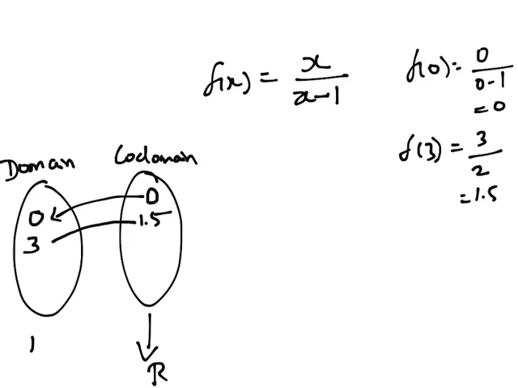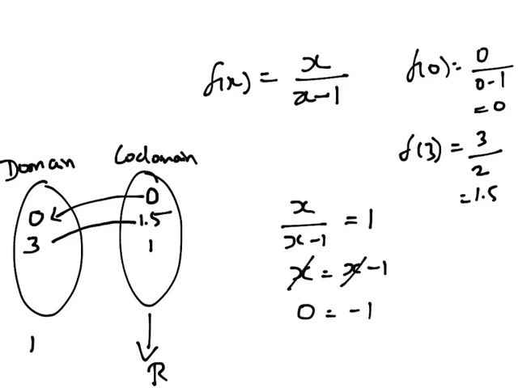Okay. Now you may want to know, is 1 part of the range? Let me find out. How do we do that? I need 1 as the output. That means what should be the input. So I'll write x by x minus 1 equal to 1. I cross multiply, x equal to x minus 1, and cancel x and x. So you'll get 0 equal to minus 1, which is absurd, isn't it? So what does it mean?